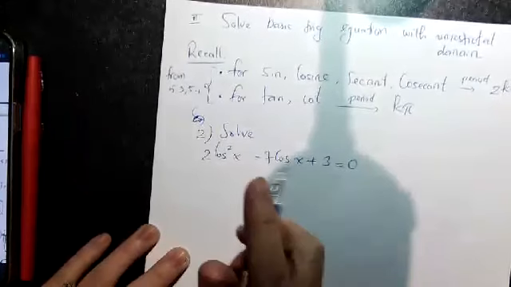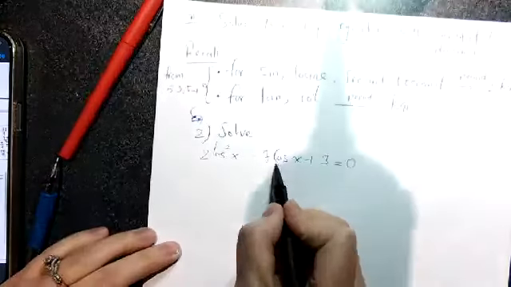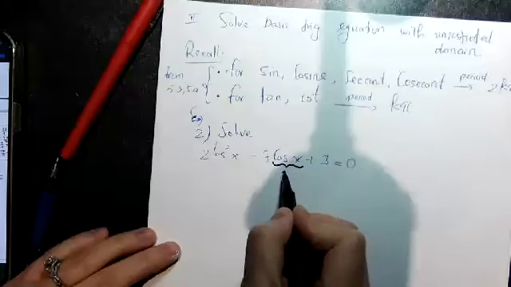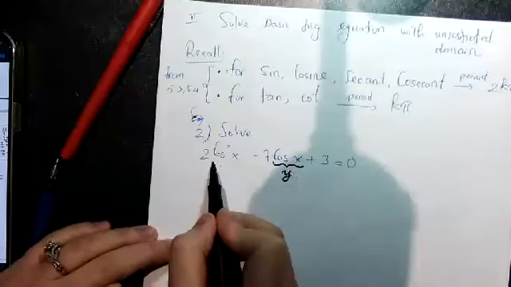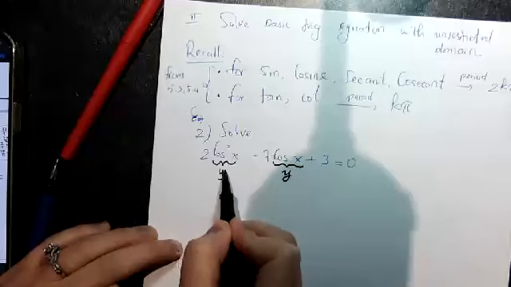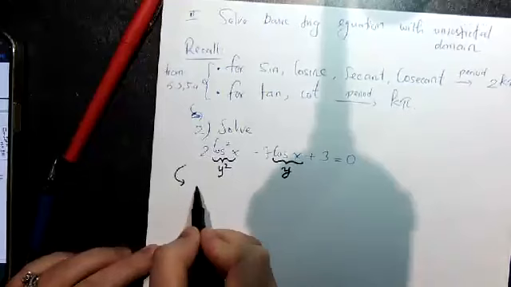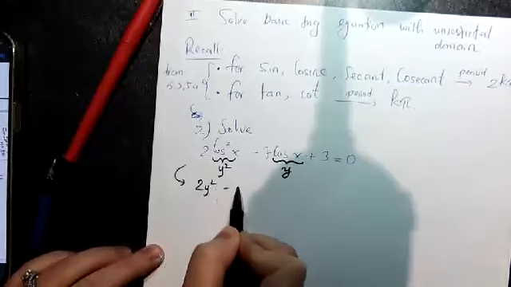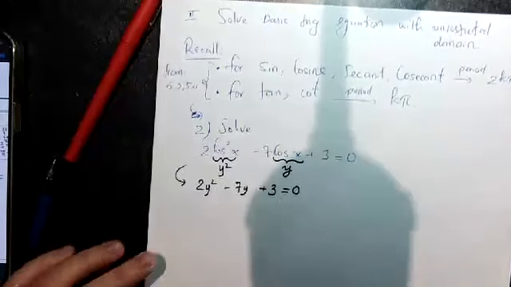Yeah. So maybe I'm gonna let cosine of x be y. Then cosine square of x will be y squared. Let's rewrite that in terms of y. So I got 2y squared minus 7y plus 3 equals 0.